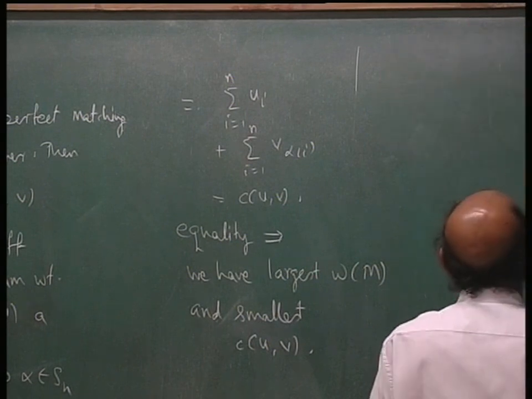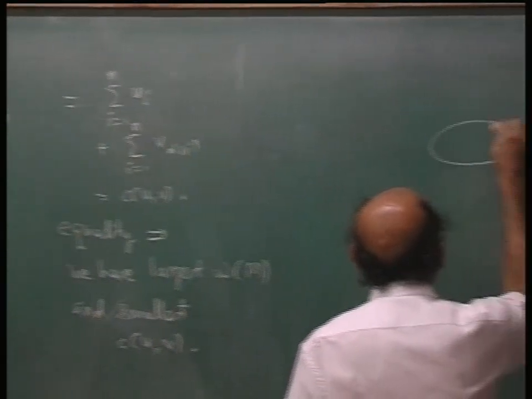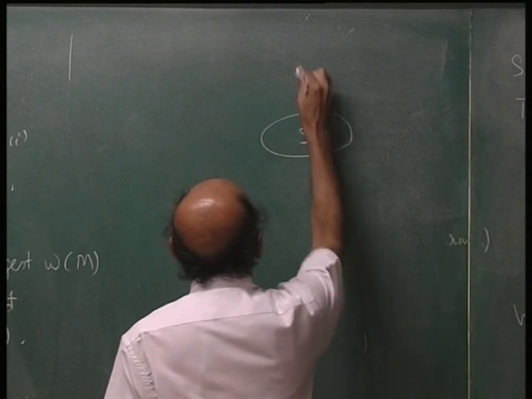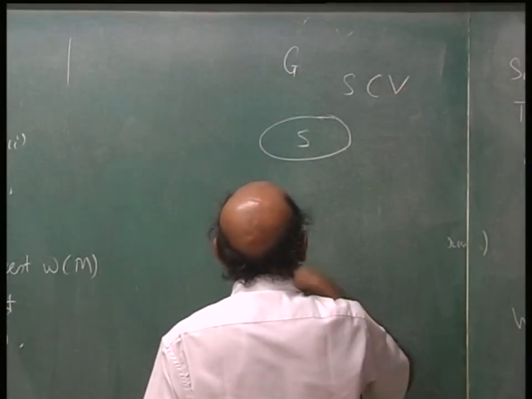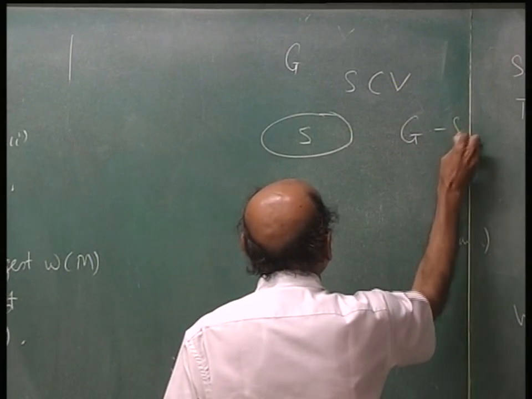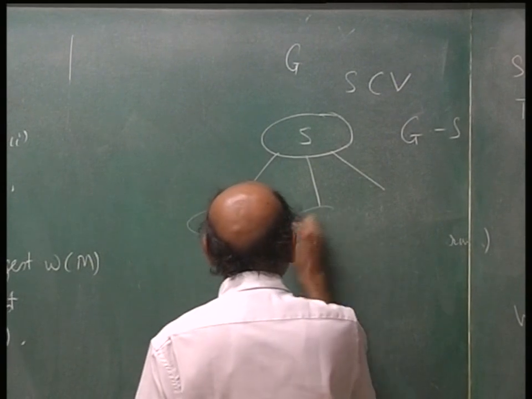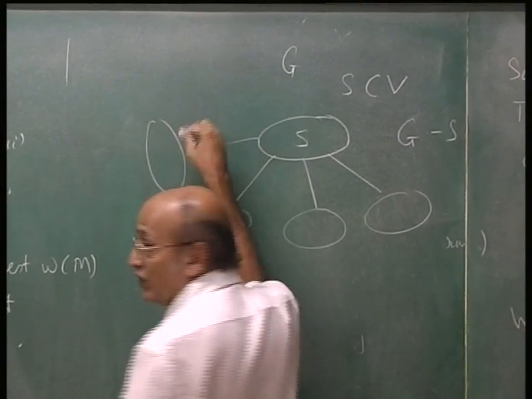In those situations, what you can do is take S, a set of vertices. I look at G minus S. This will split into a certain number of components.